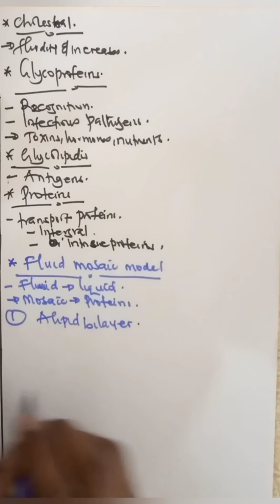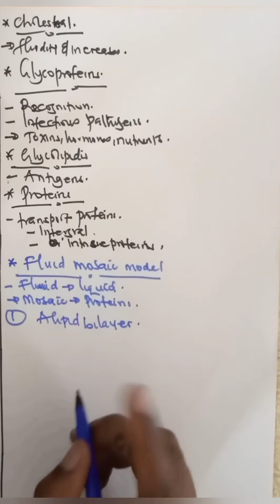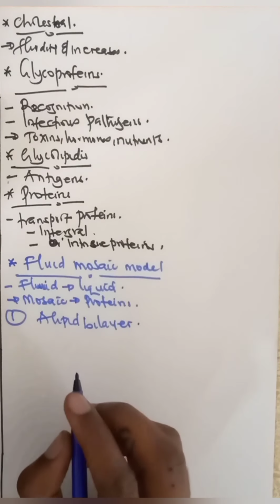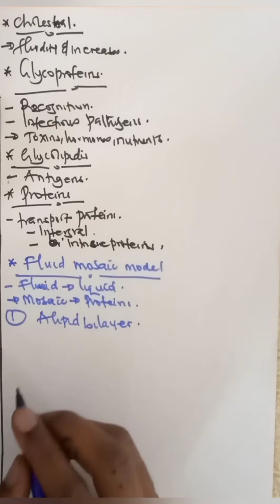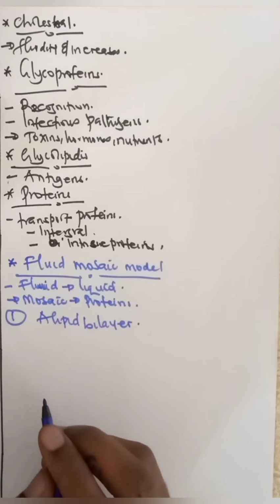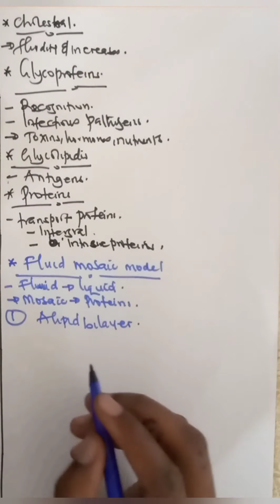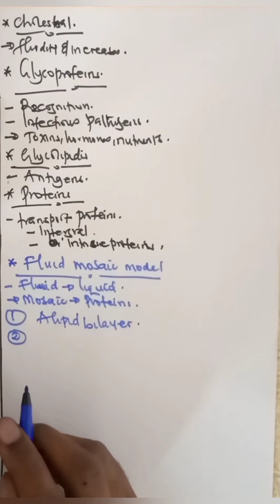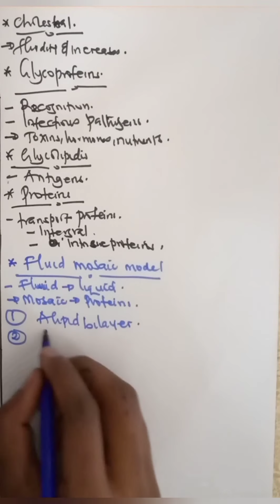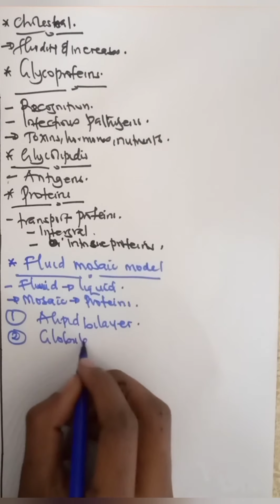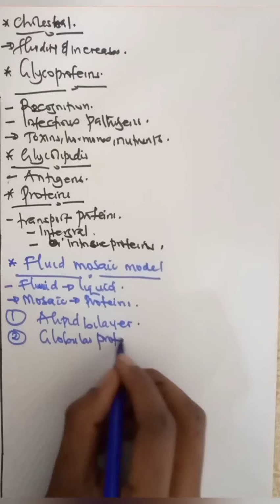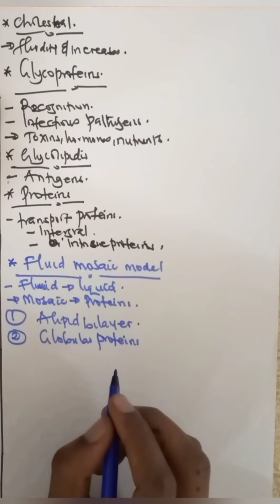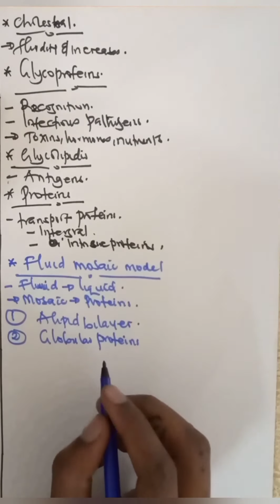And of course, the hydrophobic, non-polar region, or the tails of the lipid, face each other at the core of the bilayer, while the hydrophilic regions face outward. Then number two, according to Singer and Nicolson, the globular proteins are irregularly embedded in the lipid bilayer.